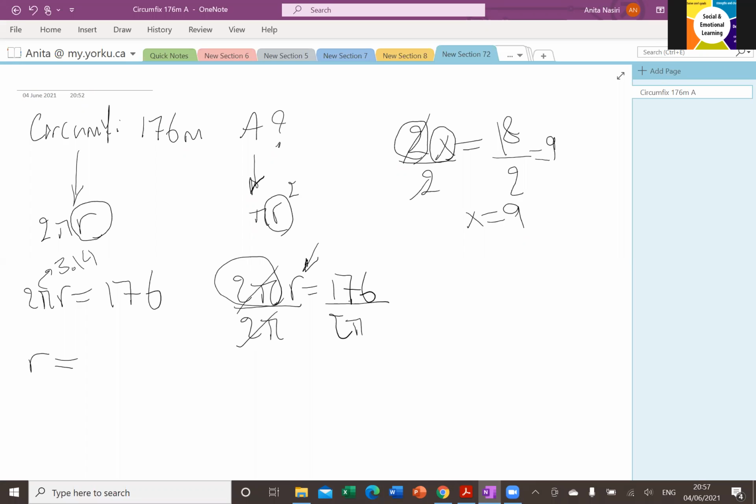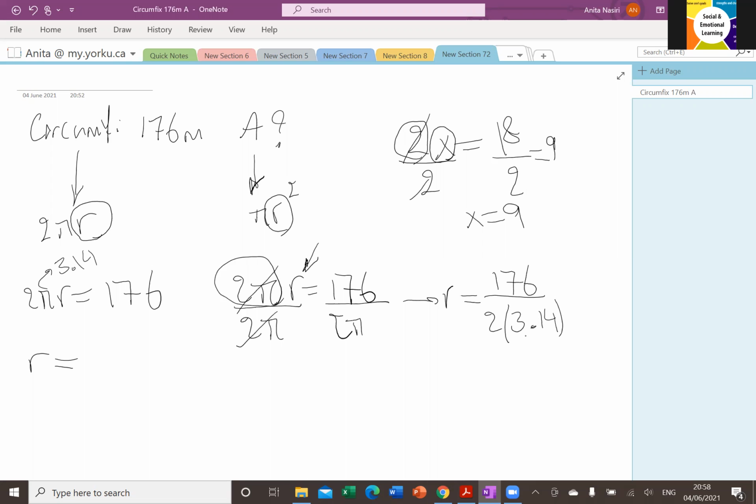That's our purpose. We want to isolate r, which is the variable. So we get r equals 176 divided by 2 pi. You can put pi in the calculator, or just put 3.14.